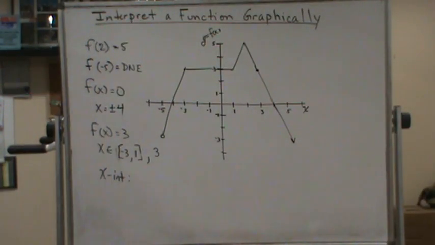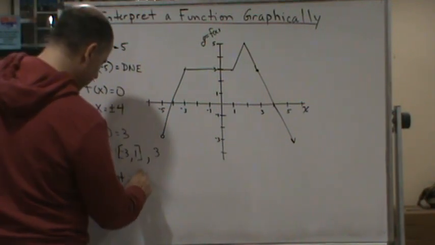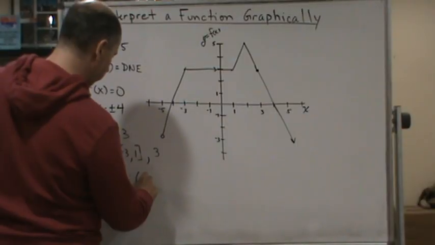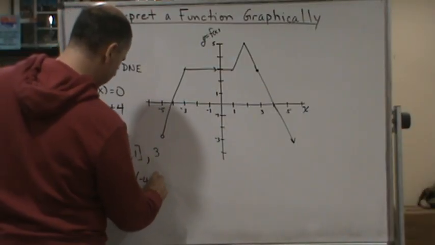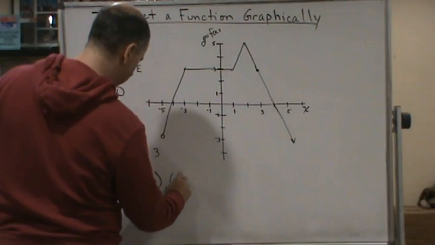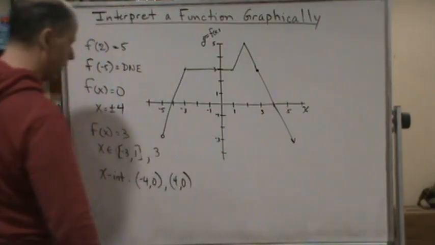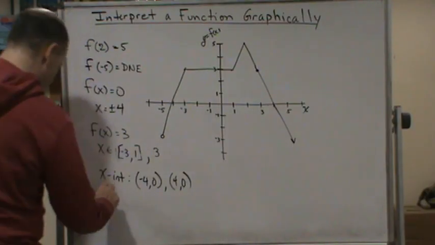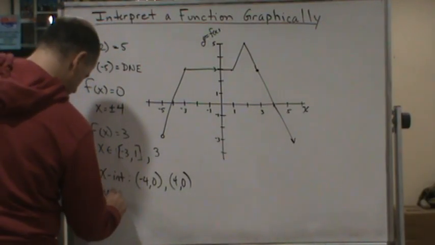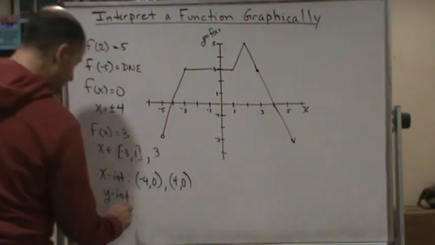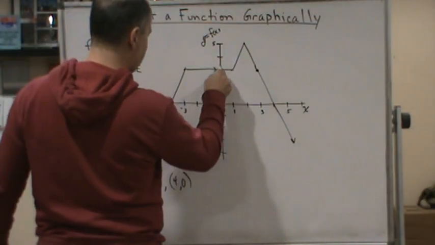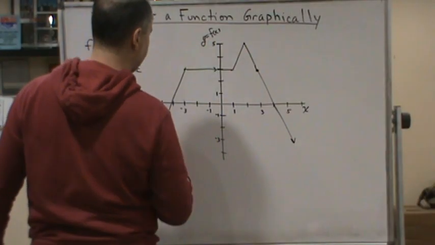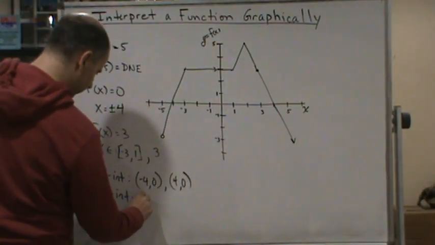So it's going to be at negative 4, 0 and 4, 0. So those are your x-intercepts. Now what about the y-intercept? The y-intercept is going to be right here where it crosses the y-axis, and that's going to be at 0, 3.